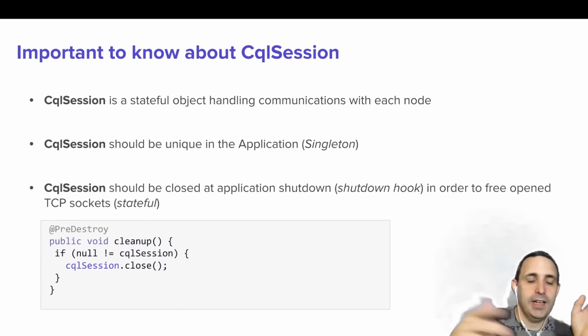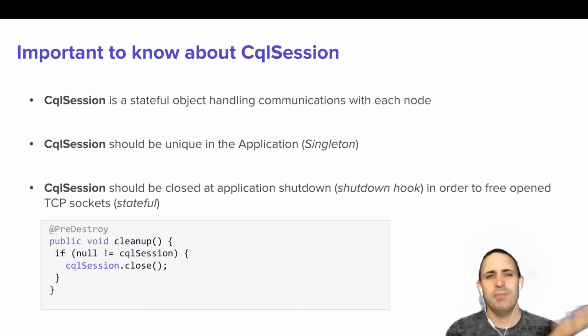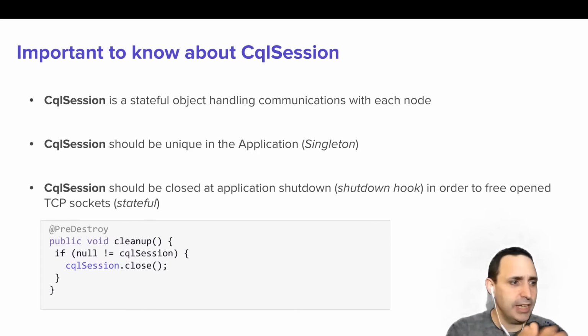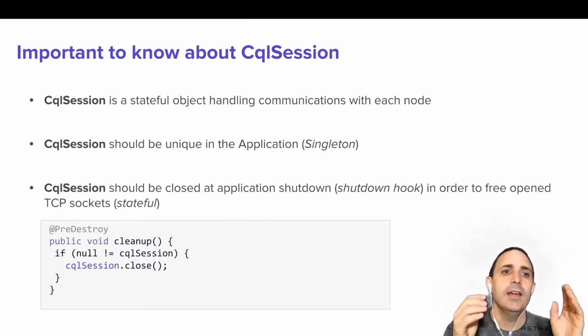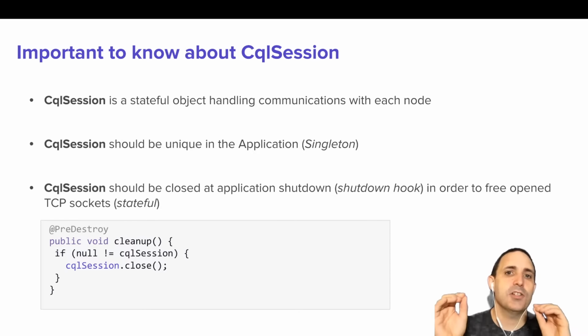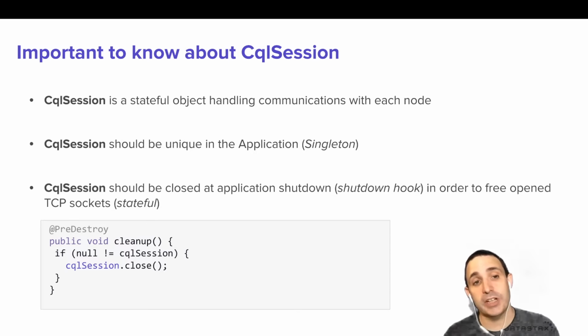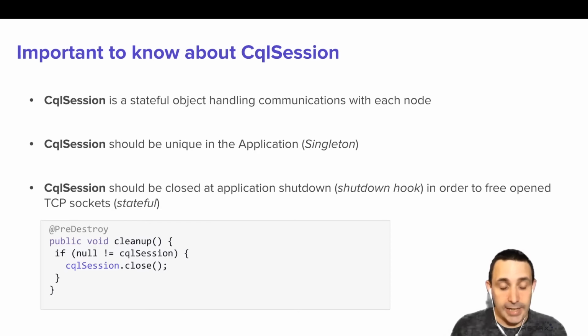I had a couple of slides about load balancing and everything, but as we don't change that today, let's move forward. Important to know about CQL session: it is a stateful object. I told you the driver is clever and keeps an open TCP connection between you and every single node.